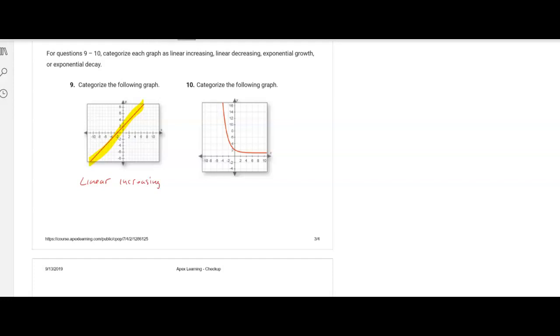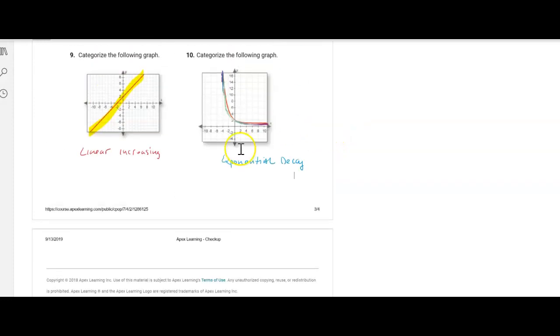Since on the left hand for number 10, you're starting real high and you're decreasing real quickly, we say this is exponential decay, meaning it's decreasing real quickly. Okay? So go ahead, try this.